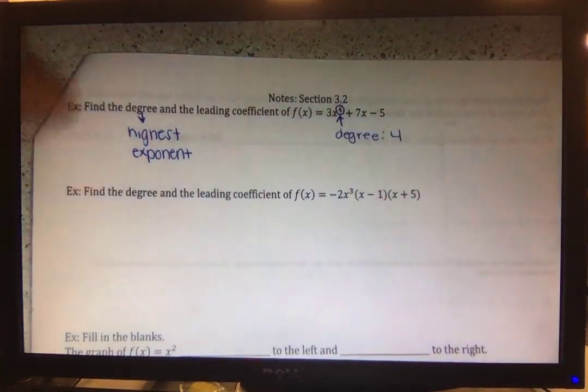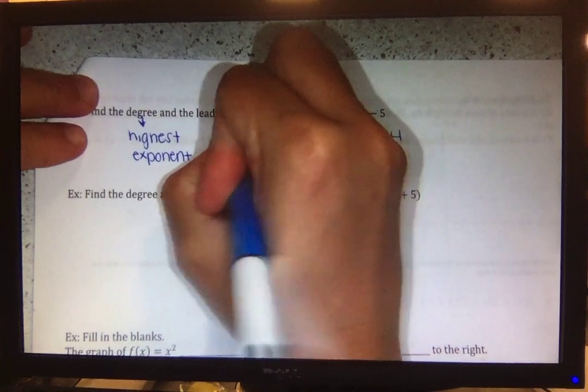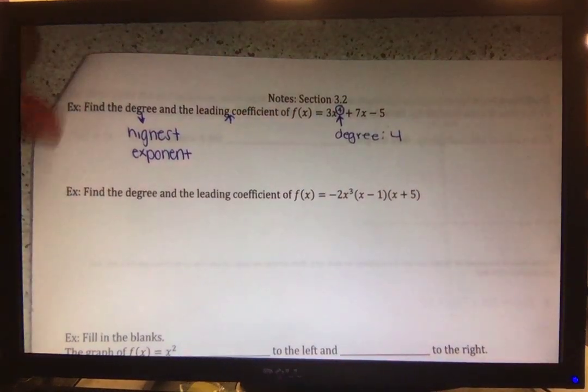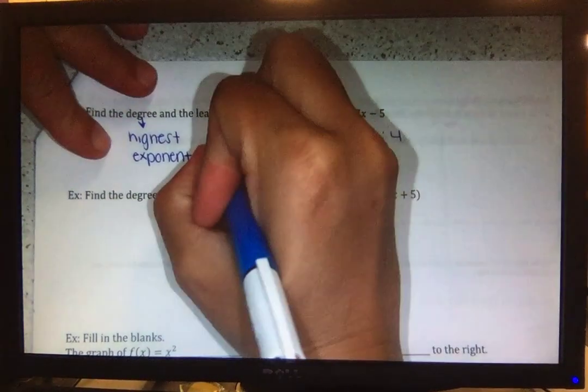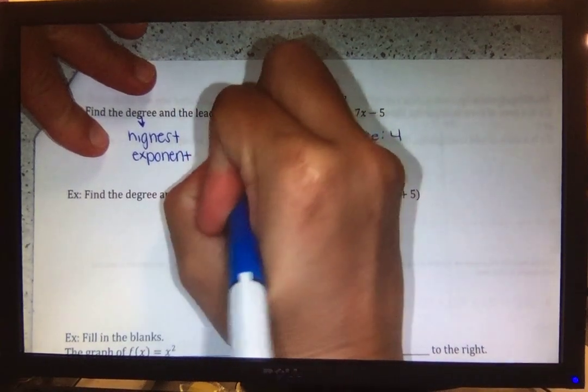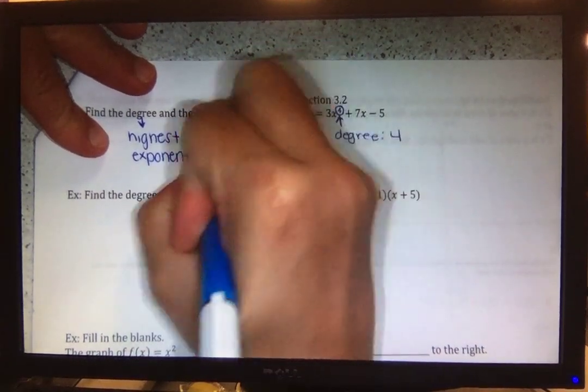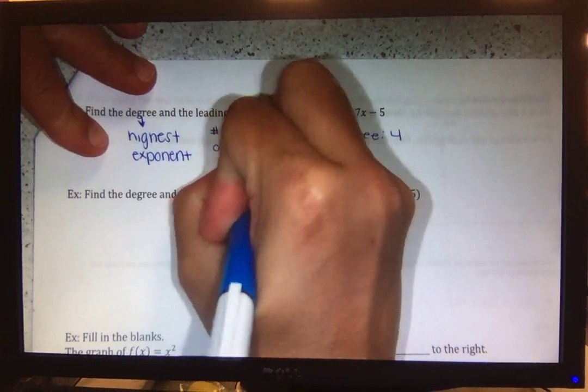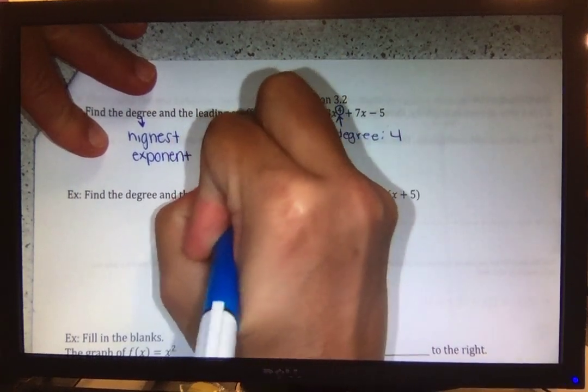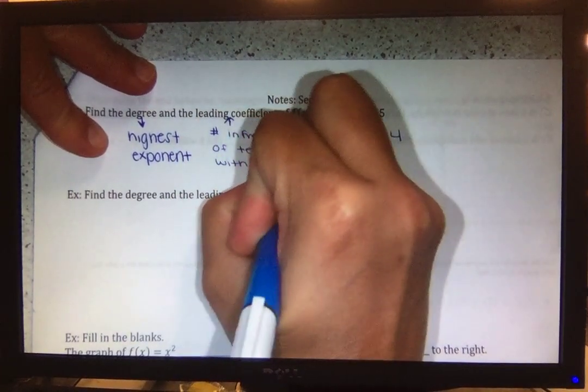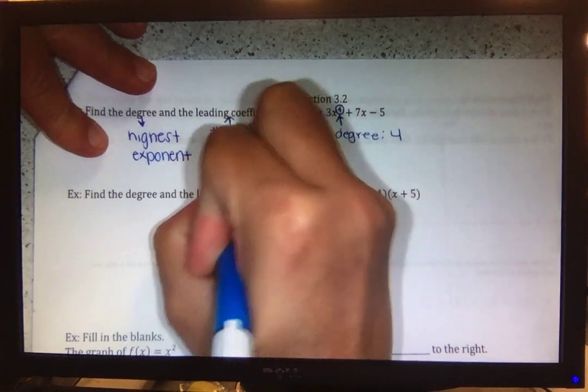That's it. And the leading coefficient is the number out front of the leading term. The leading term is the term with the highest exponent. Yeah, 3. So it is the number in front of the term with the highest exponent.